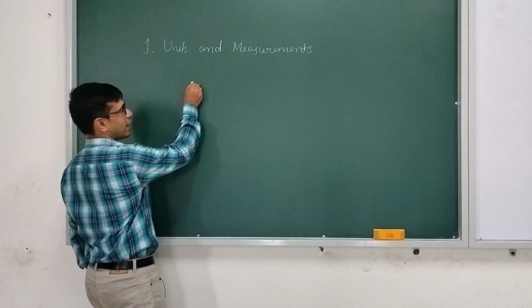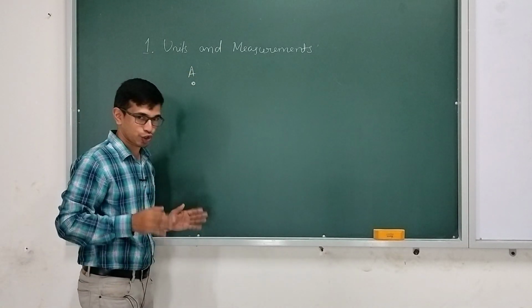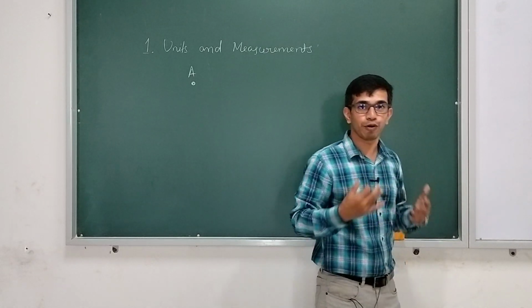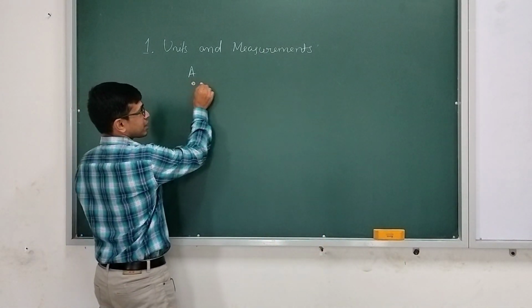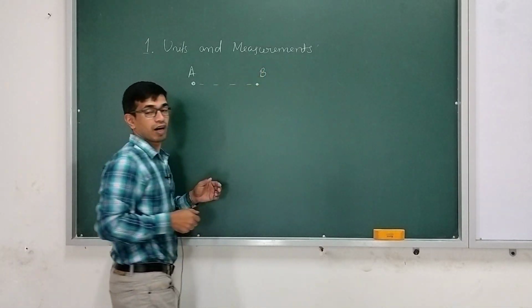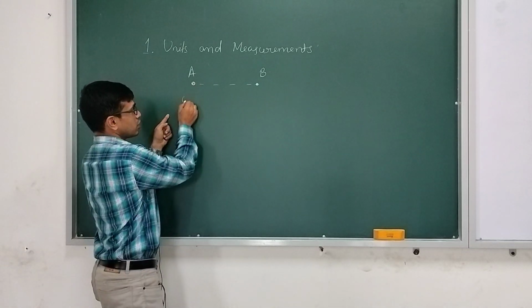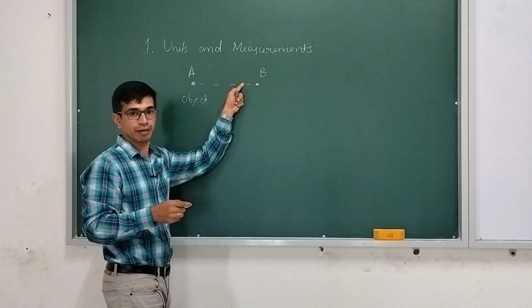Assume that you are initially at a position A. Now if I walk like this, I am changing my position with respect to time. After some time the position will be a new one, point B. It means that this object is changing its position with respect to time.